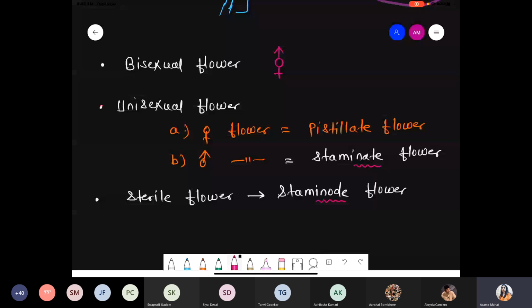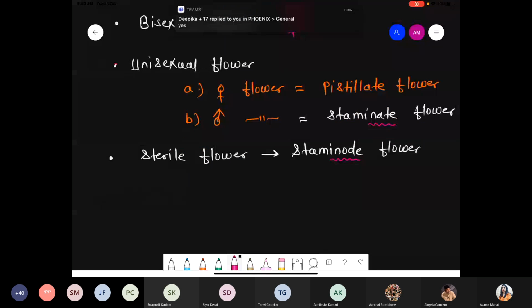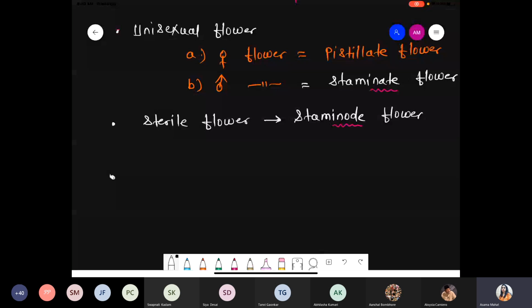Okay. Chalo. Next terminology: examples for the monoecious plant, the dioecious plant, and the polygamous plant. Next point is the monoecious plant. What is the meaning of the monoecious plant? The simple meaning is that male and female flowers are both present on the same plant.